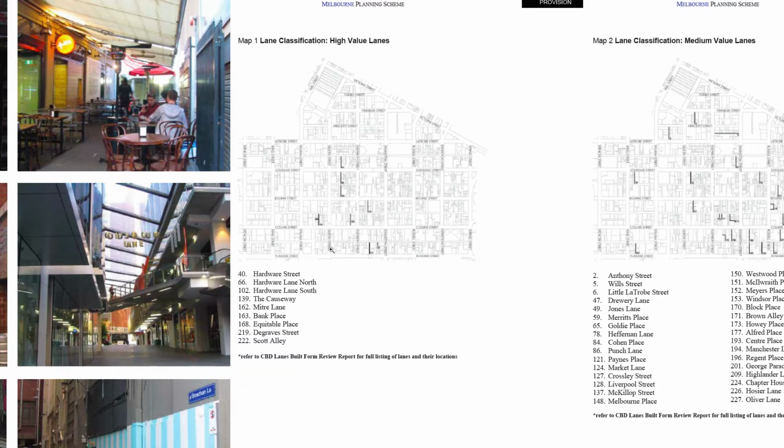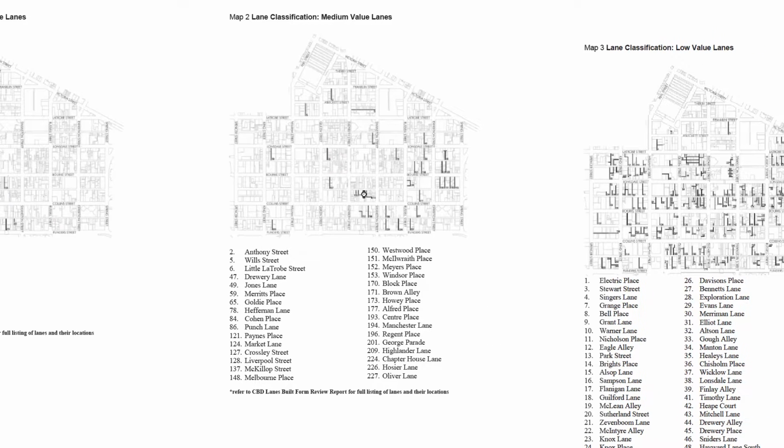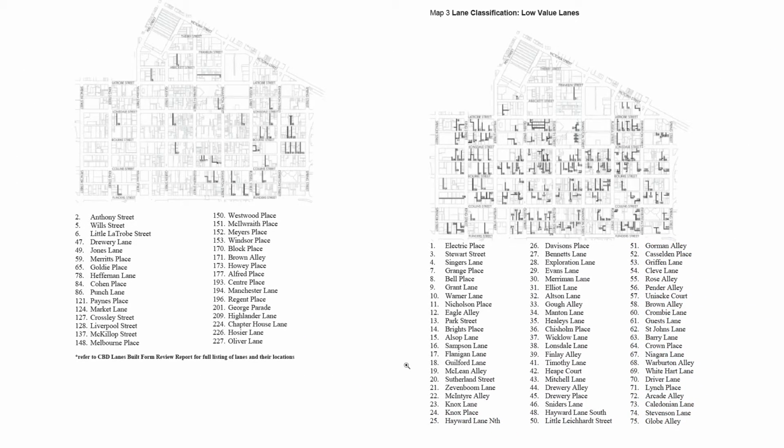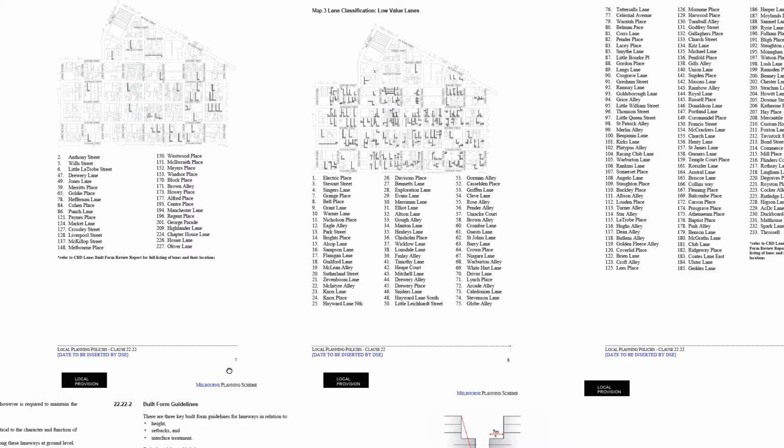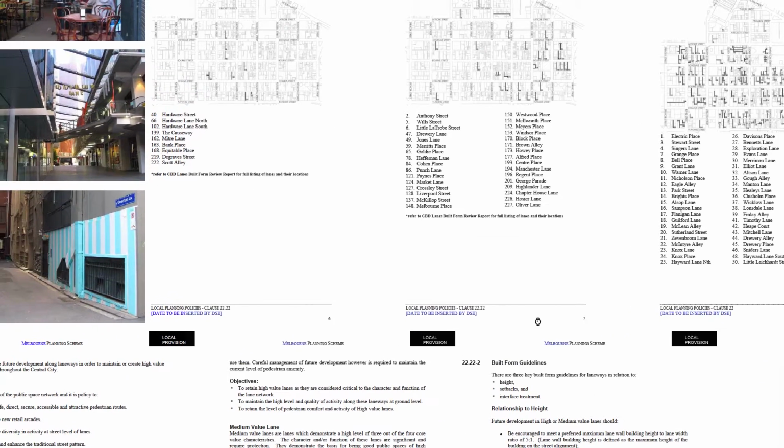It has 200 and something of these laneways, and the worry of the city was that they would lose that laneway character because they are trying to densify the city.